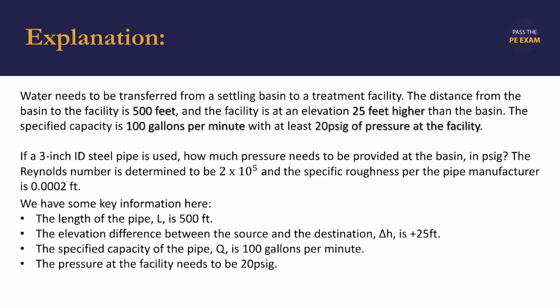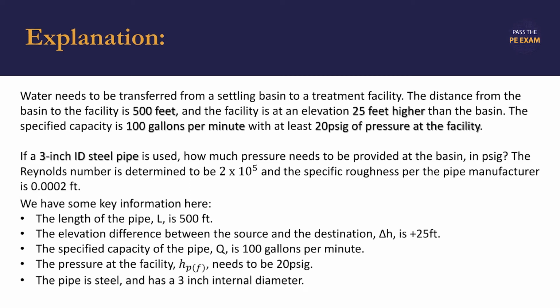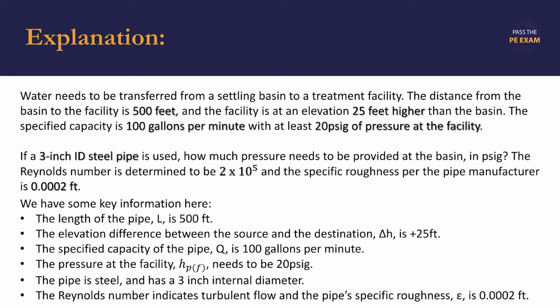The pressure at the facility needs to be 20 gauge psi, and we're told that the pipe is made out of steel and it is 3 inches in internal diameter. Finally, we're given 2 crucial pieces of information. First, the Reynolds number is 2 times 10 to the 5th power.